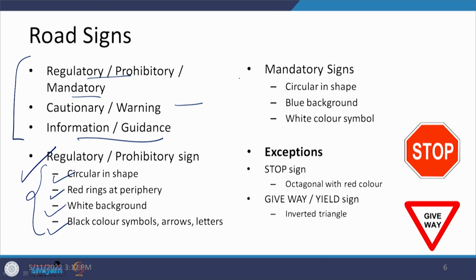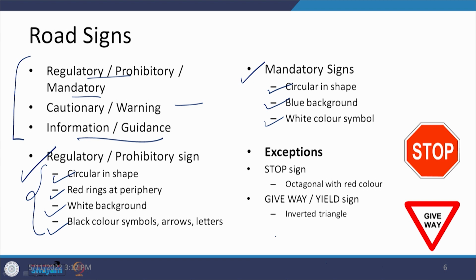But when you look at the mandatory signs, though they are still circular in shape, they have a blue background, and on that blue background we have a white symbol, and sometimes a black arrow, etc., is also utilized in some conditions. So, these are the regulatory, prohibitory or mandatory signs, the way they are differentiated by design.